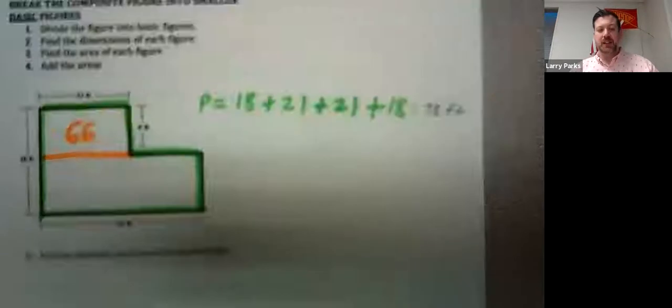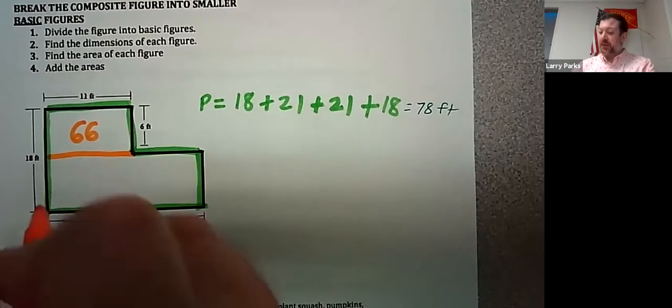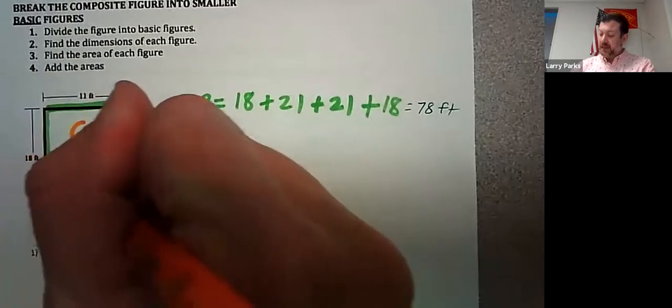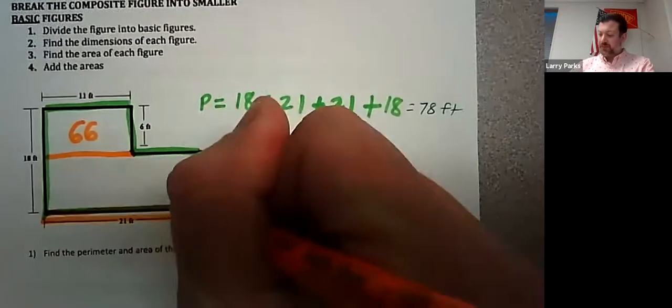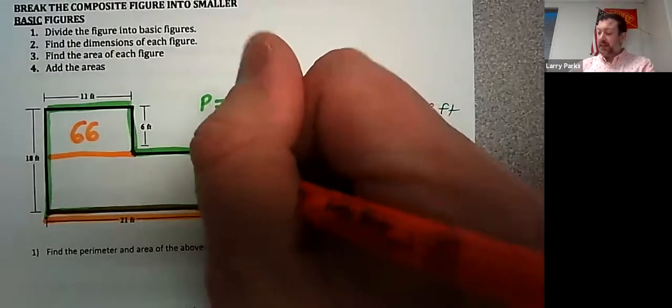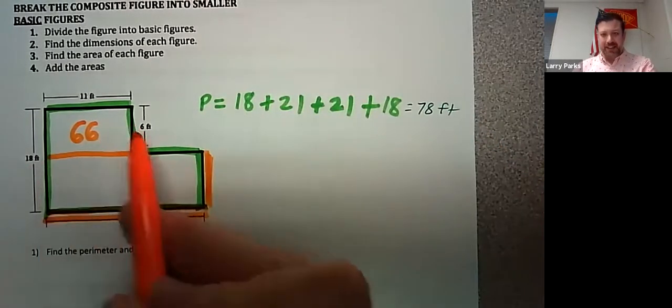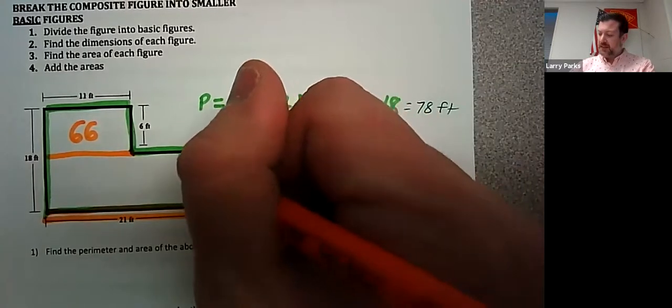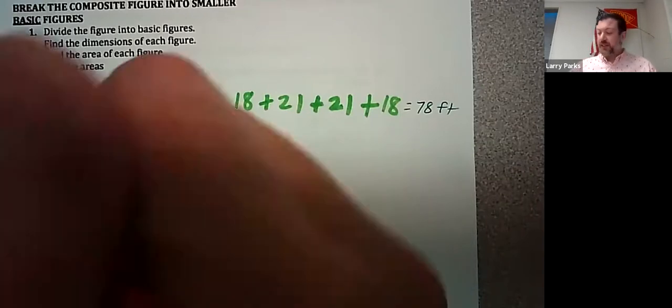And then on the bottom, you have 21 here. And then how high is this? Well, if this is 18 and that's 6, this has to be 12. So then you take 21 times 12 and you get 252.